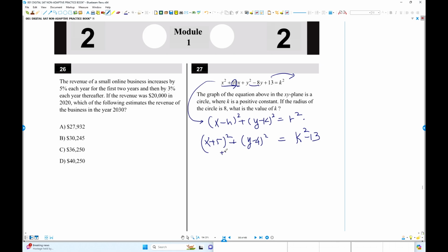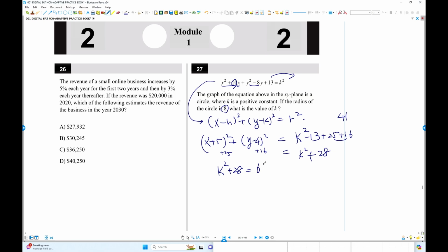Because we have to add 25 here and 16 here, we're going to add these numbers to the right-hand side also. So that equals k squared minus 13 plus 41, which is k squared plus 28, and that equals r squared.